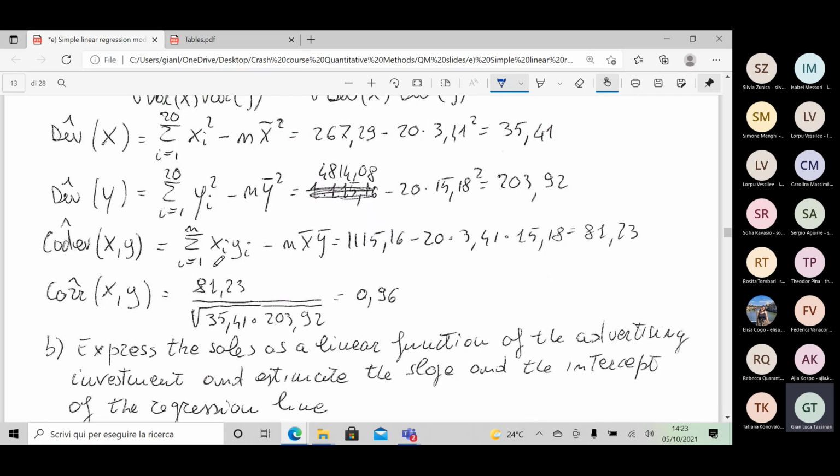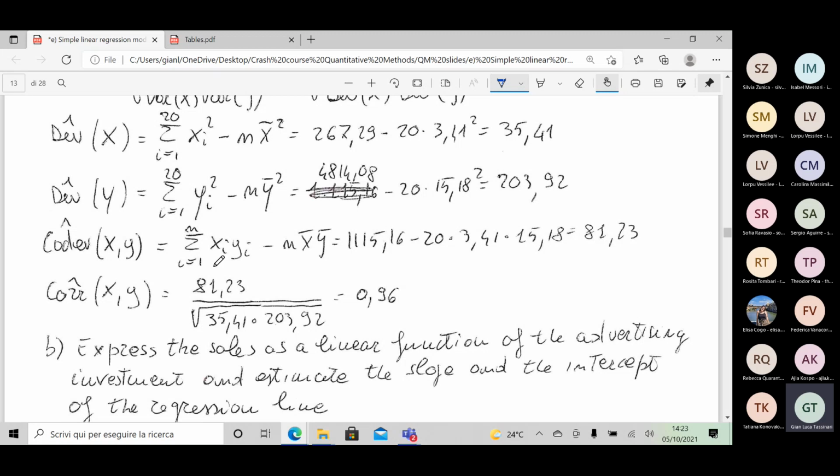What is the interpretation of the correlation? What can you say, guys? Because you must be able to interpret the result, especially if I ask you to do it. What we can say is that there is a really strong degree of linear dependence between advertising expenses and sales for the 20 analyzed stores.